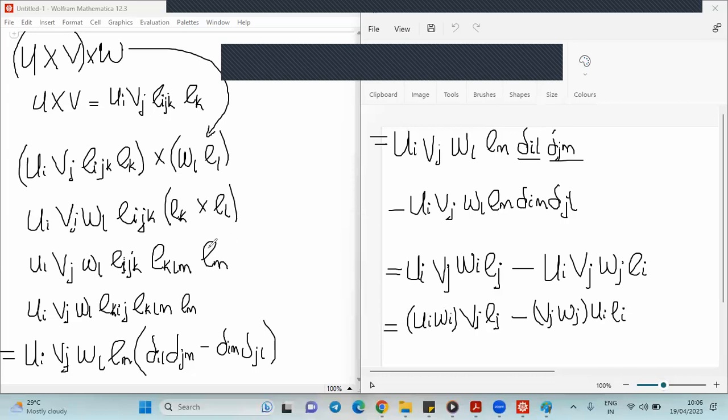UI, WI, as I showed before, is just the dot product of U and W, multiplied by V, because VJ, EJ is the V vector, minus VJ, WJ, which is V dot W, multiplied by vector U, like that. So, any question?